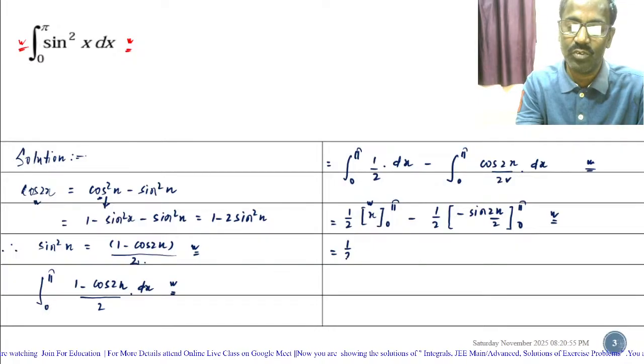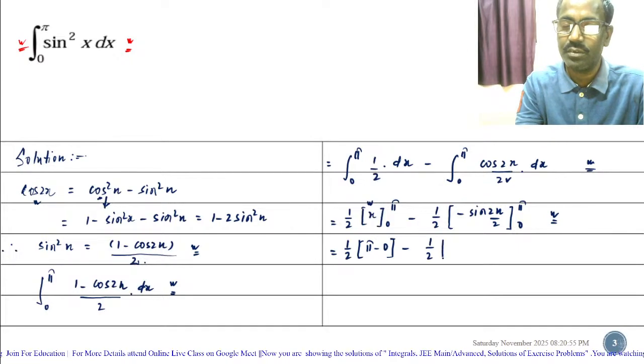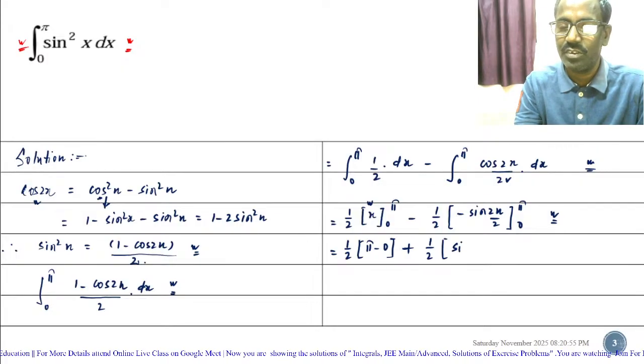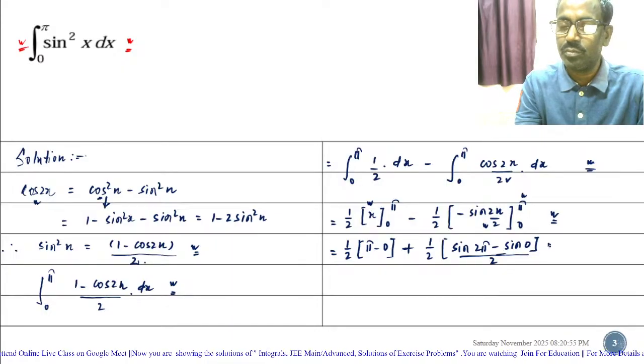So we write down one step: 1 by 2 into pi minus 0, minus 1 by 2 into sine 2 pi, where x is pi, minus sine 0, divided by 2. Hope there is no problem understanding up to this step.